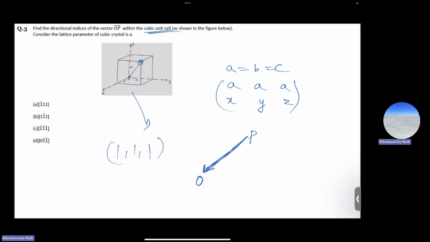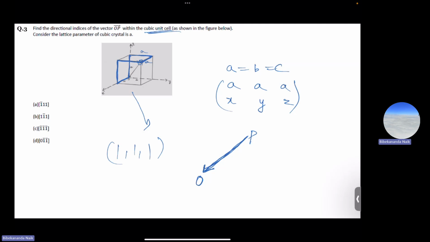So we have moved one point along Z axis, along Y axis, and along X axis. If you follow this path, this is A, this is also A, and this is also A. Or you can follow any path. If you follow any path, you will be displacing one unit along each axis. So you will reach that point P.